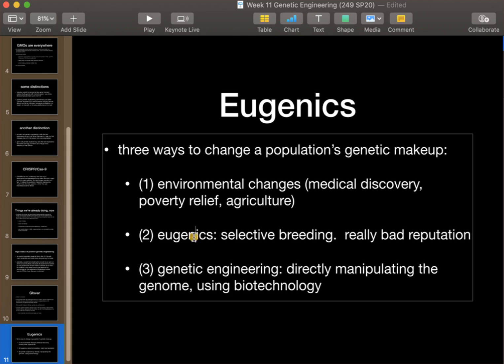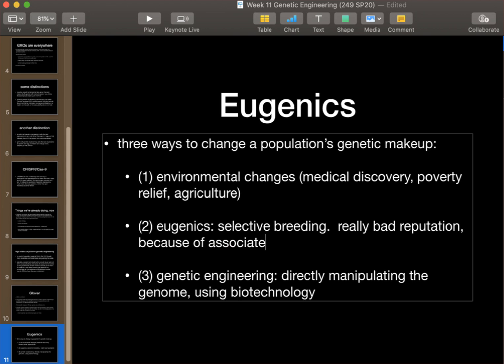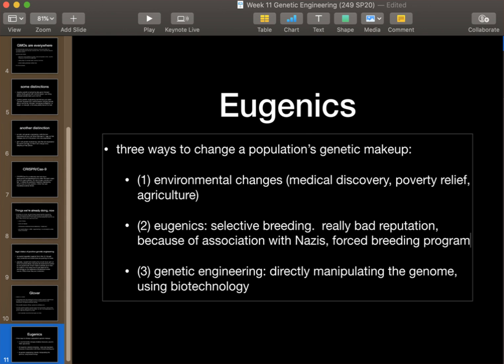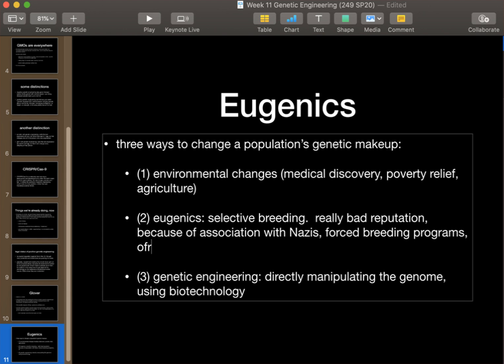The Nazi ideology that only Aryans, the blonde-haired, blue-eyed, white people, should be allowed to reproduce, and everyone else, if you have darker skin or darker hair color, should not be allowed to reproduce. Because of the association with Nazis and forced breeding programs, or forced sterilization.